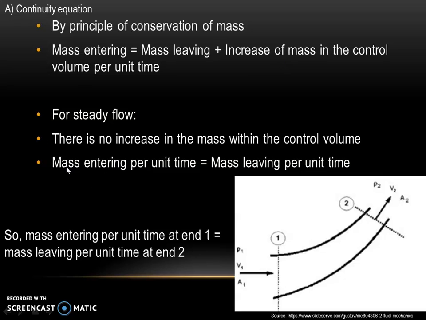So we can write mass entering per unit time is equal to mass leaving per unit time, as there won't be any increase or decrease of mass within this control volume. So for this figure, we can see that at section 1 there are the parameters shown as P1, V1 and A1, and for section 2 pressure is P2, velocity is V2 and area is A2.